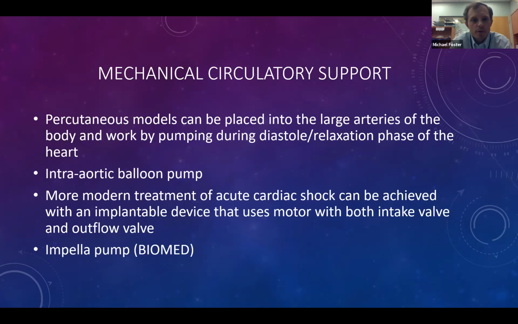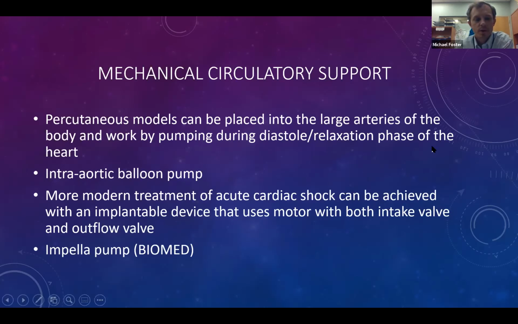There's a more modern pump that has been around for the last 6 to 8 years called an Impella pump that can be placed inside of the catheterization lab for the treatment of acute cardiogenic shock. And basically what it uses is a rotary motor within a shaft that brings blood out of the pumping chamber and ejects it into the large tube carrying blood away from the heart, or the aorta.